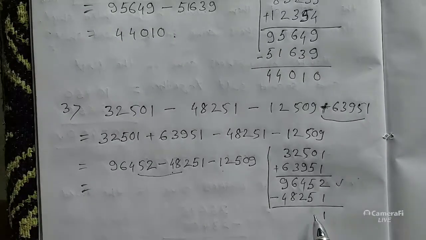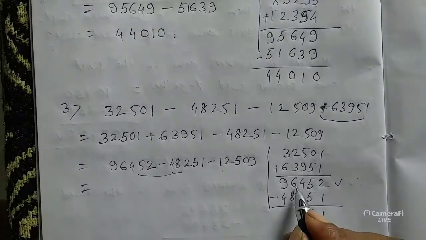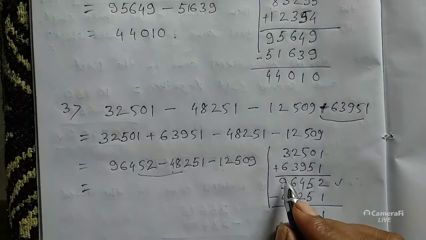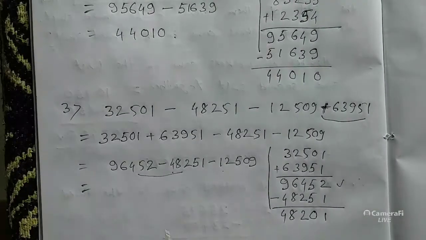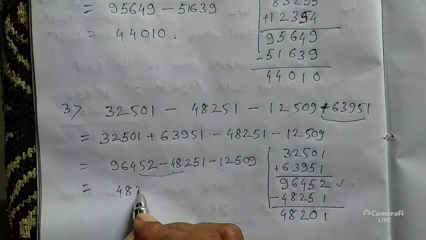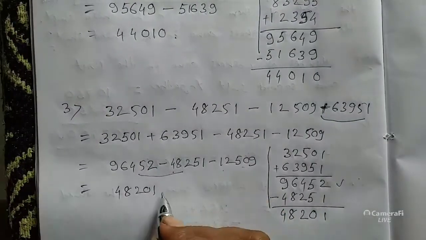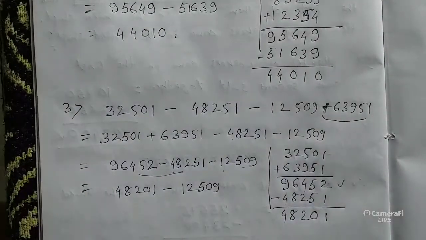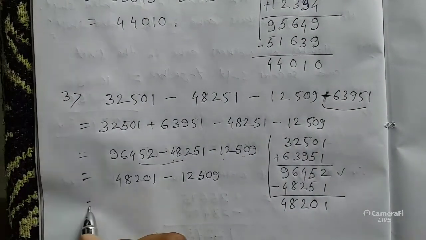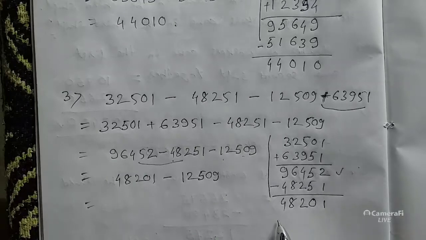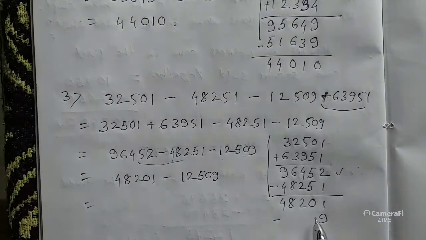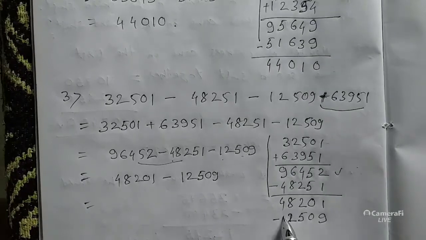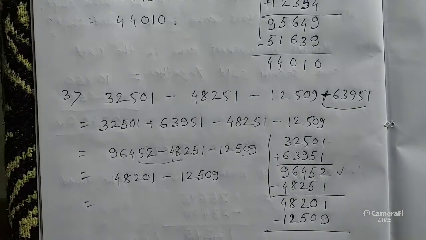2 minus 1, 1, 5 minus 5, 0, 4 minus 2, 2, 6 minus 8, 16 minus 8, that is 8, one borrowed from here, so it becomes 8. 8 minus 4, 4. So 48201, then this is the remaining one, 12509. Now we will do subtraction again. Write this just below it, 9051 2 1. Subtract.